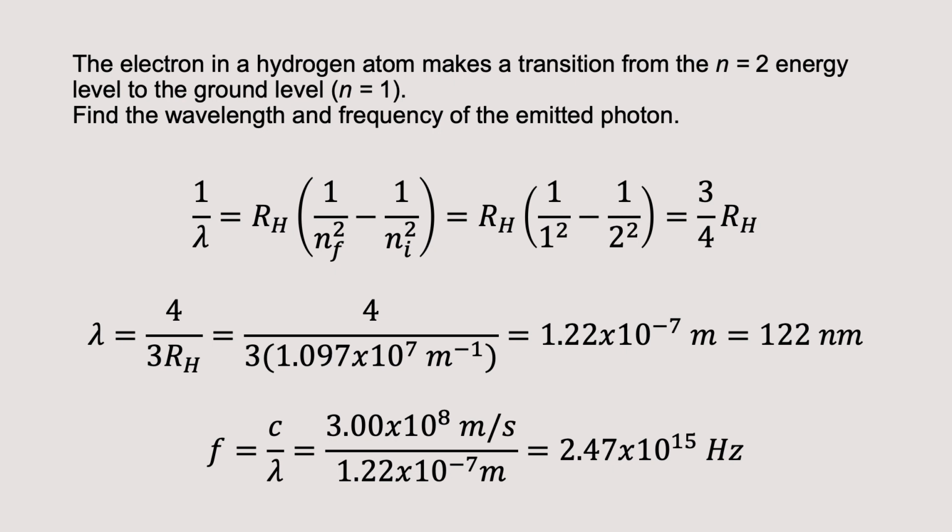So we plug in the speed of light, which is 3 by 10 to the power of 8 meters per second, divided by the wavelength that we obtained earlier, 122 nanometers, or 1.22 by 10 to the negative 7 meters. And so we have obtained the frequency of the emitted photon, which is 2.47 by 10 to the power of 15 hertz.